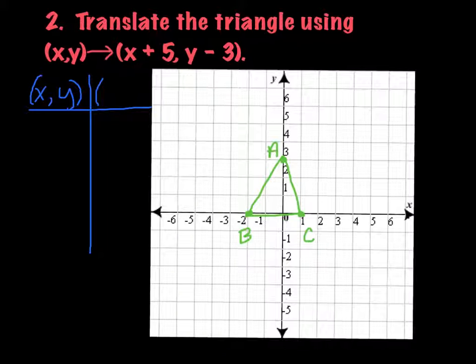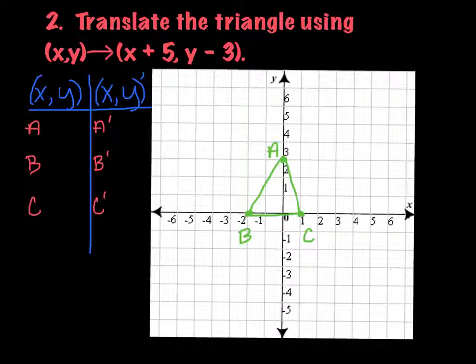And in the second column, we're going to put our new image coordinates. Okay, so let me go ahead and list my 3 coordinates. We have A, B, and C. And my new coordinates, I'll list them: A prime, B prime, C prime.